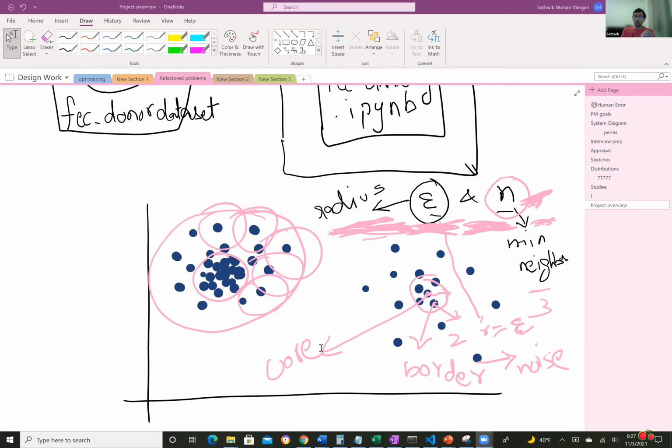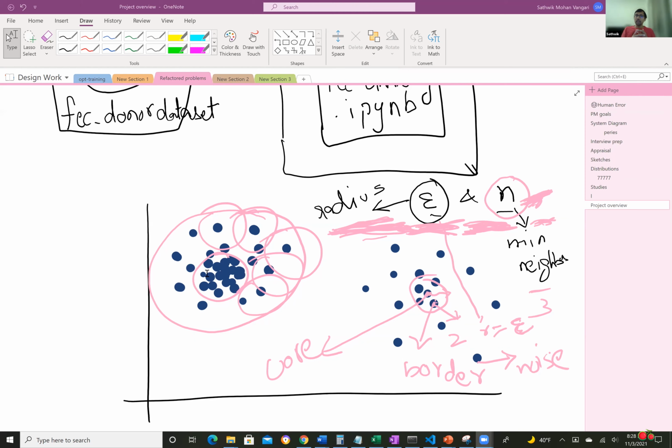It is not a core point to the way I want to define my cluster. Okay, so that won't become the core point. It could become a border point if this point, which has 5 neighbors, is itself a neighbor of another point which has 10 neighbors around it in the epsilon radius circle. In that circle, if this is one of the neighbors, then it becomes a border point.